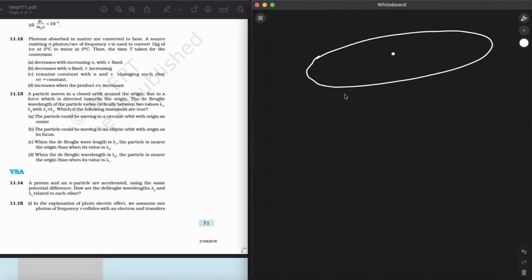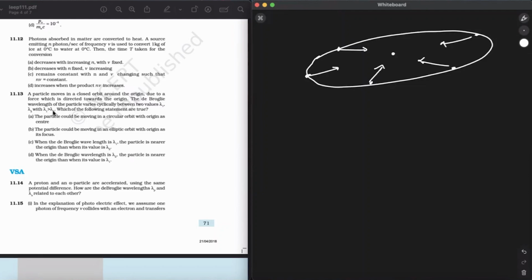All right. Now, this particle moves in a closed orbit around the origin due to a force which is directed towards the origin. So at every point, the force is directed towards the origin. This is important. The de-Broglie wavelength of the particle varies slightly between two values, lambda 1 and lambda 2, with lambda 1 being greater than lambda 2.